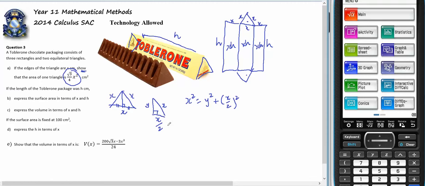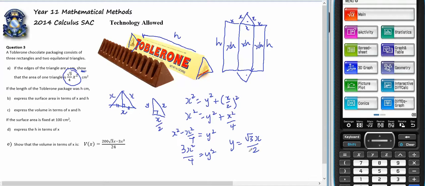So X squared equals Y squared plus X squared on 4. Y squared equals X squared minus X squared on 4, which is 3X squared on 4. Therefore, Y equals root 3 X on 2, plus or minus, but I'll only take the positive answer.